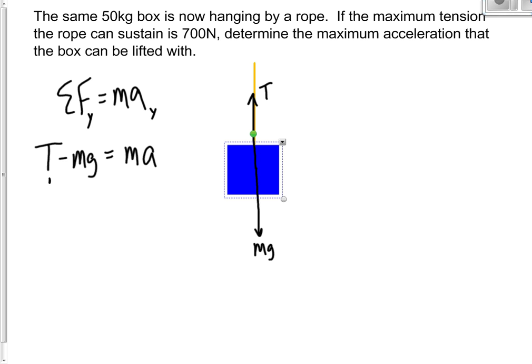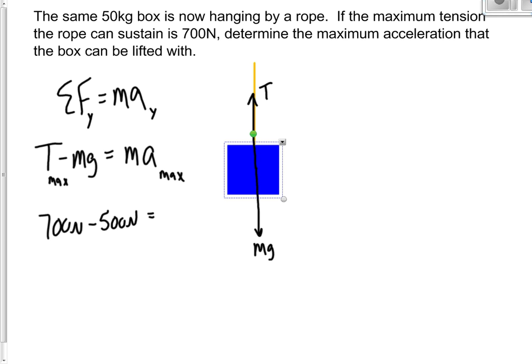And we're going to go ahead and put in T max. So when I solve it using T max, that's going to mean that the acceleration I get is the maximum acceleration. So let's solve it out. T minus mg, so I have T max is 700 newtons. The weight of the block, it's the same 50 kilogram block, so that's 500 newtons of weight.